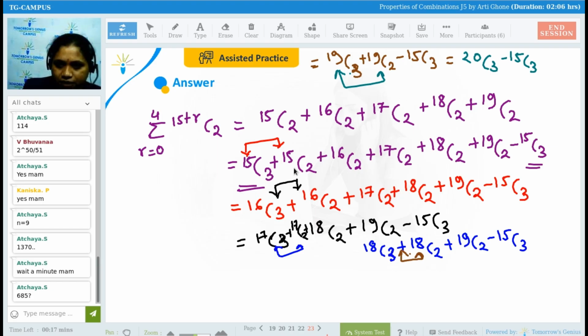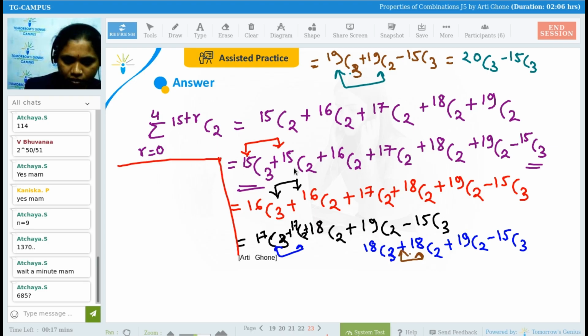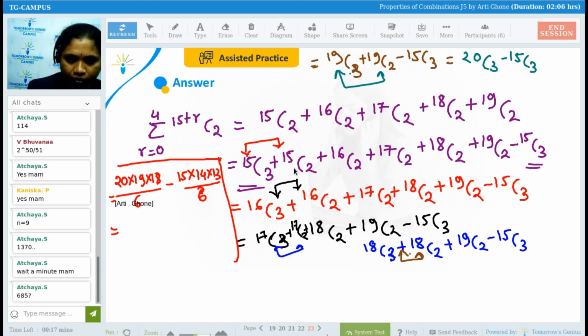What is the answer we are receiving? Should I do it for your understanding? Okay, I'll be solving. So here it is 20 into 19 into 18, three terms upon 6, minus 15 into 14 into 13 upon 6.